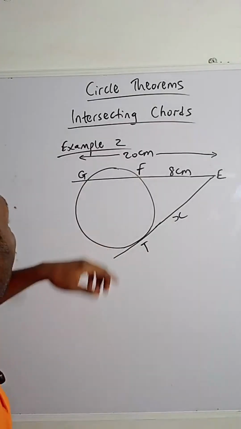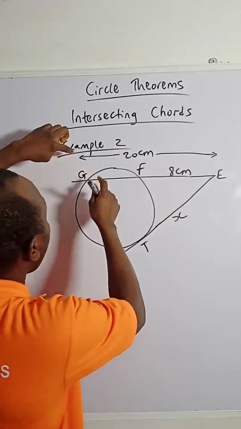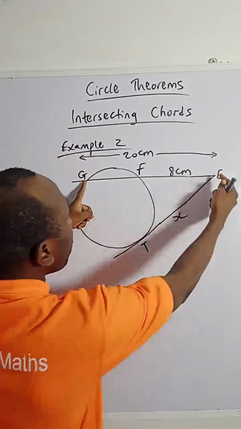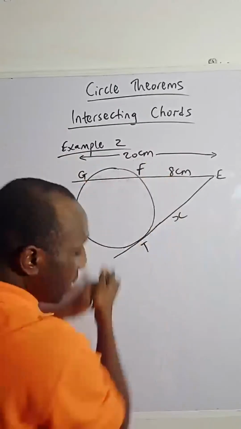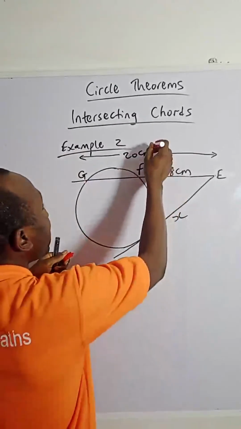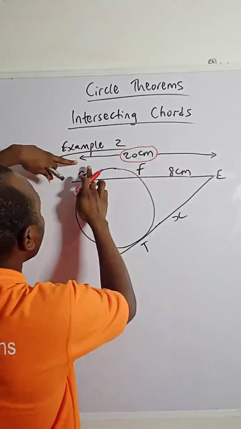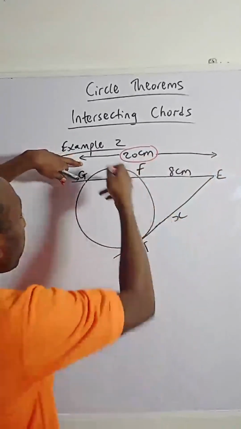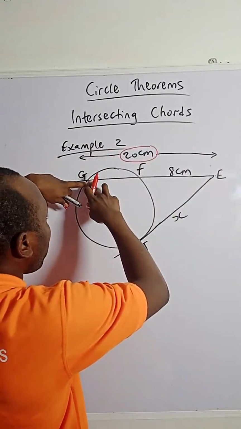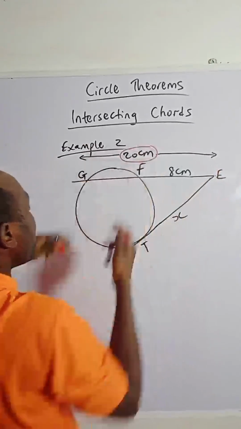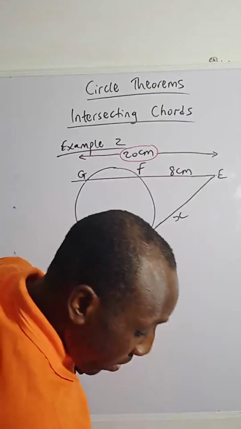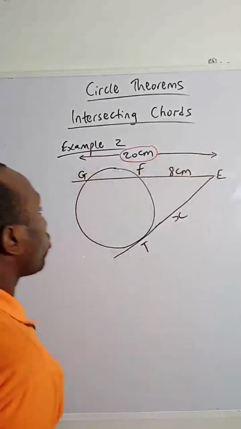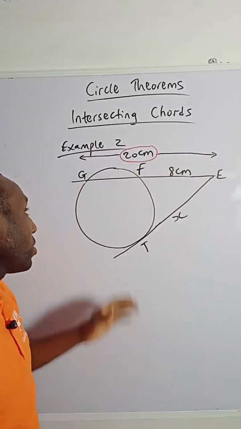GF. Oh, okay. Thank you for that. See, I did something here. From G to E is 20 centimeters. Let me just highlight this for you. You were given the whole length from G to E as 20 centimeters. So that's 20.